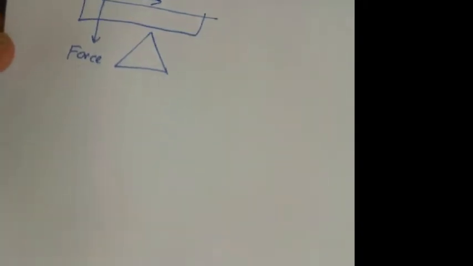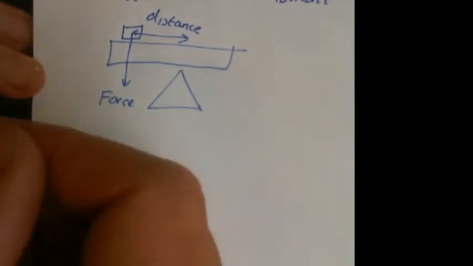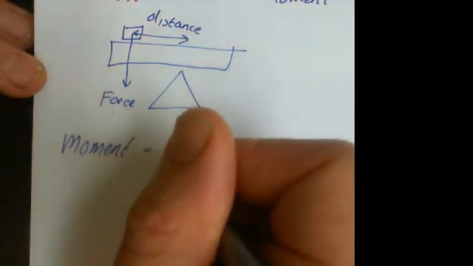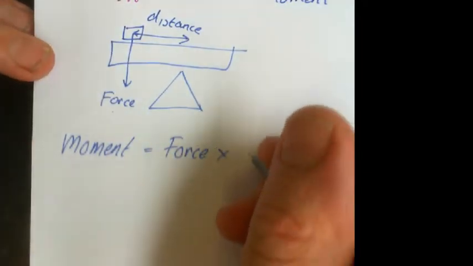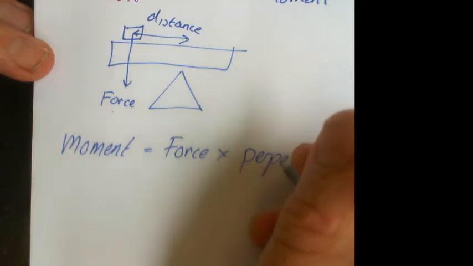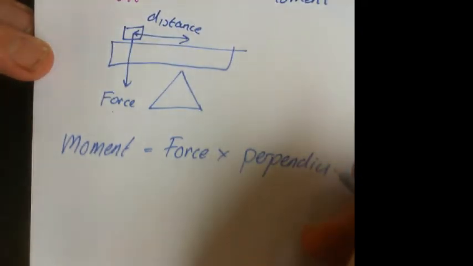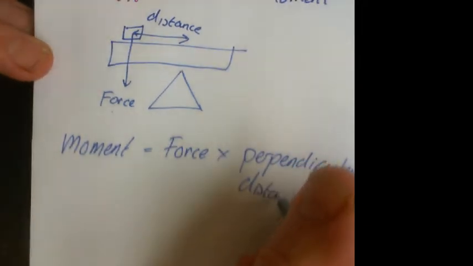So the equation is simply moment equals force times perpendicular distance from pivot.